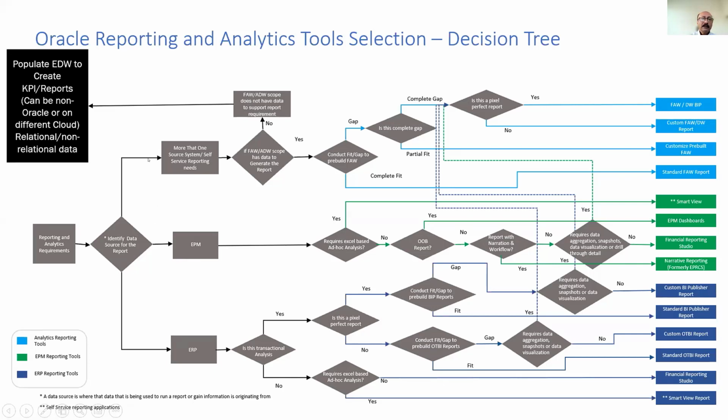Now, let's look at this path, which is where the analytical reporting requirements are met. And we show here two destinations. So FAW and custom version of FAW, so staying on the Oracle ecosystem.